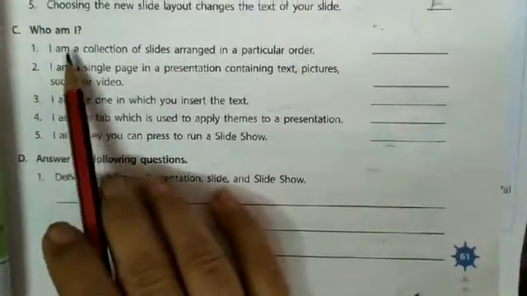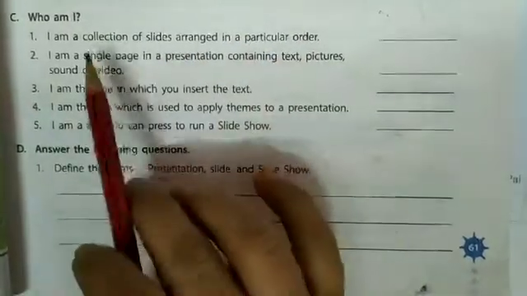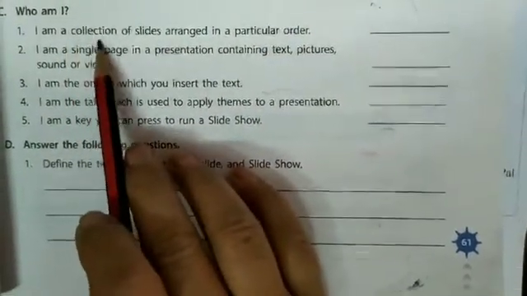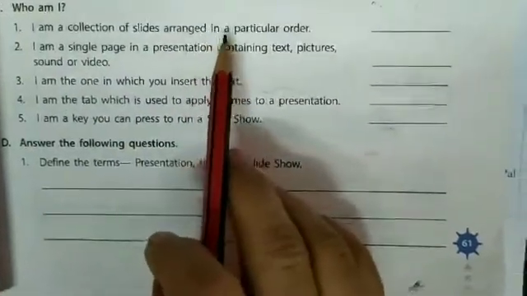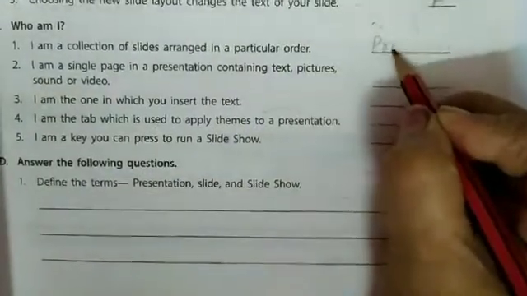Number 1 is I am a collection of slides arranged in a particular order. What is this? This is presentation. Presentation is a collection of slides arranged in a particular order. So write presentation here.